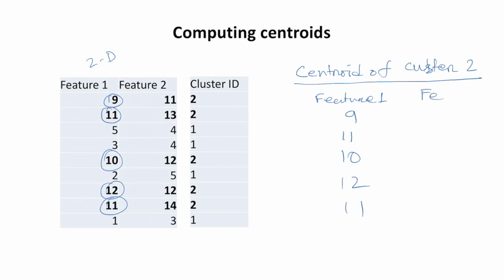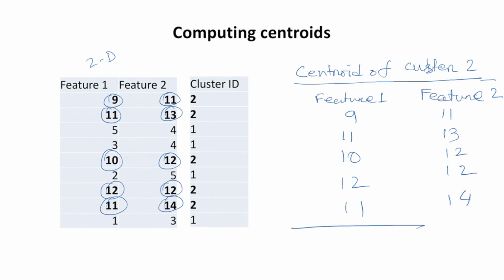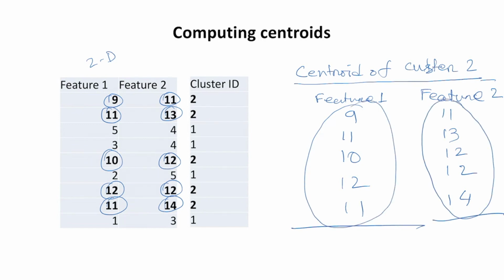In the second dimension of cluster 2, we have 11, 13, then 12, then 12, then 14. So in feature 1, we will take the average of all these numbers, and in feature 2 we'll take the average of all these numbers.